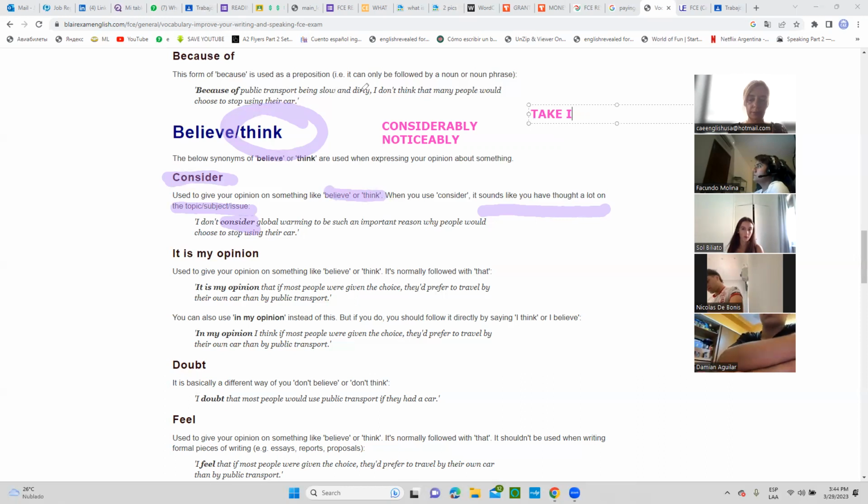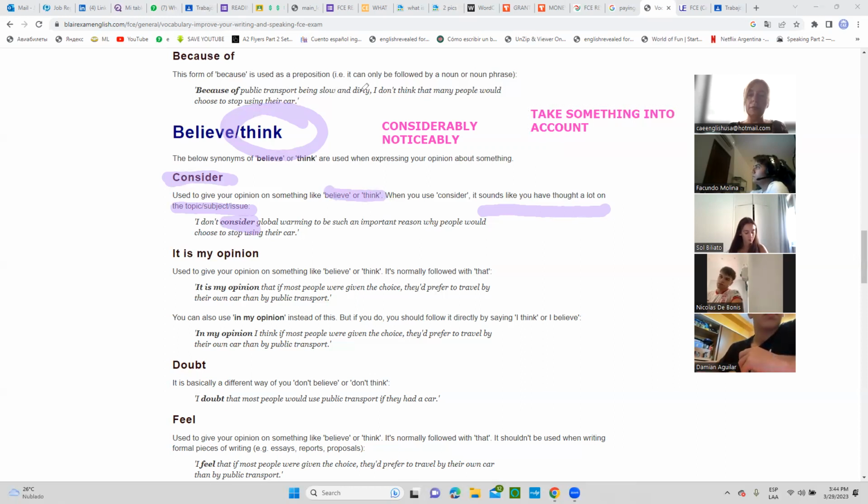Another one I remember now was to take into account. To take something into account means that you are considering this.